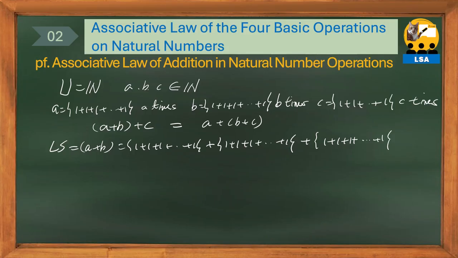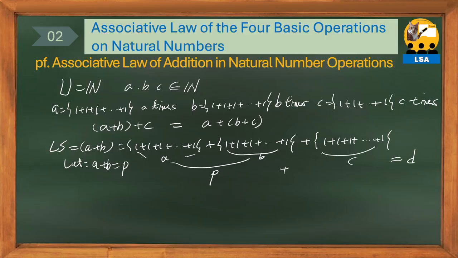If we let A plus B be P, it becomes 1 added P times. By adding C ones to this, the final operation value becomes P plus C equals D. The total number of ones added becomes D. You understand, right?